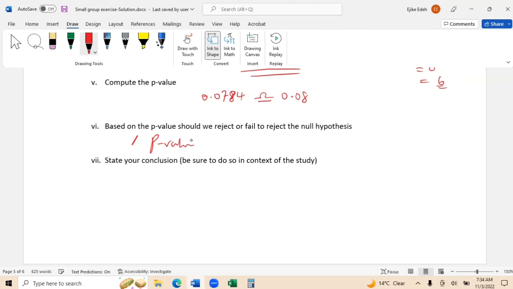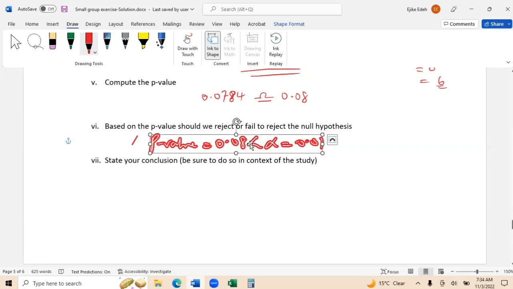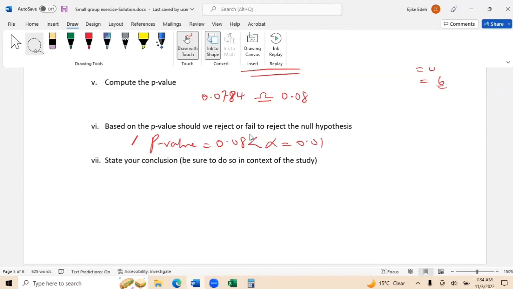The p-value, which is equal to 0.08, is greater than alpha, which is equal to 0.01, right?